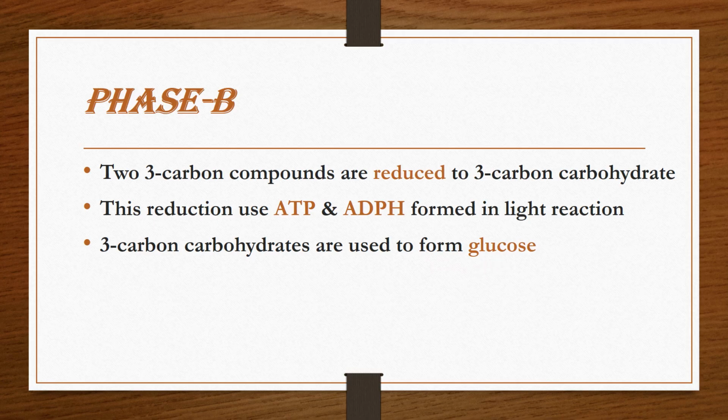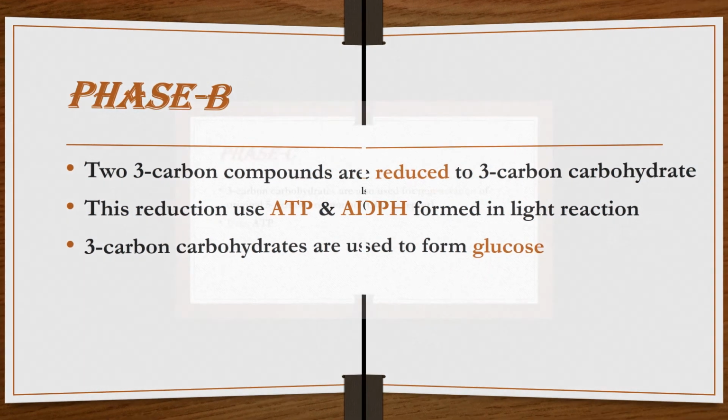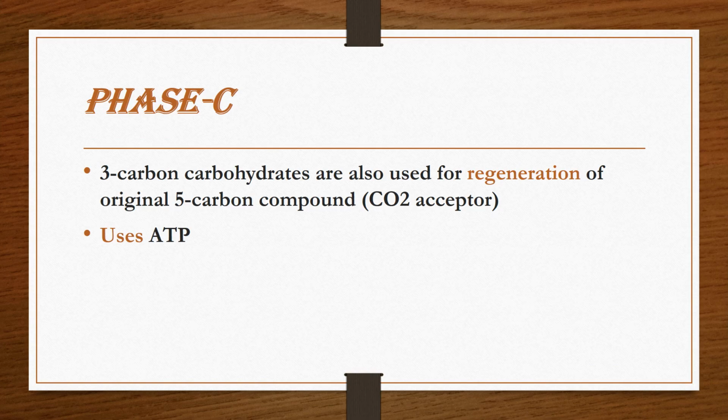They form glucose in phase 2. In phase 3, three carbon carbohydrates are also used for regeneration of the original five carbon compound, the CO2 acceptor, and this uses ATP.